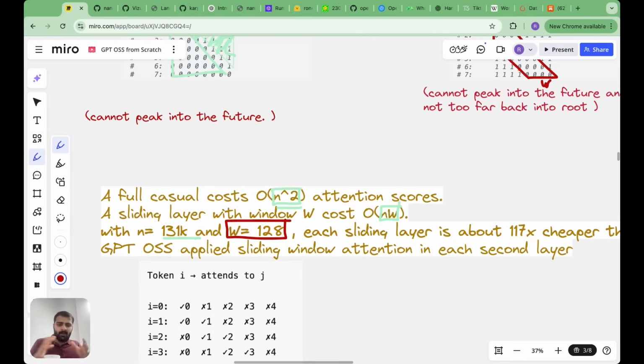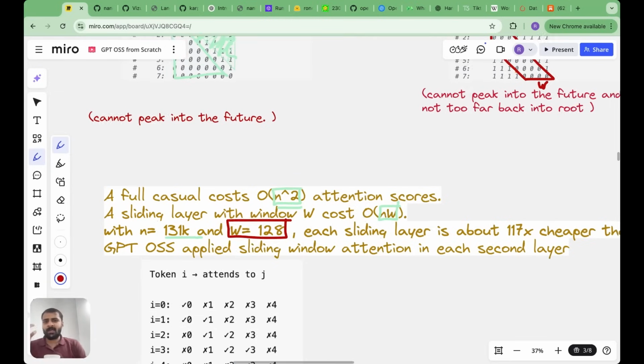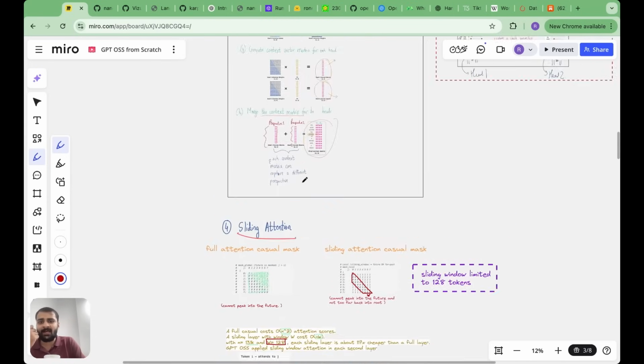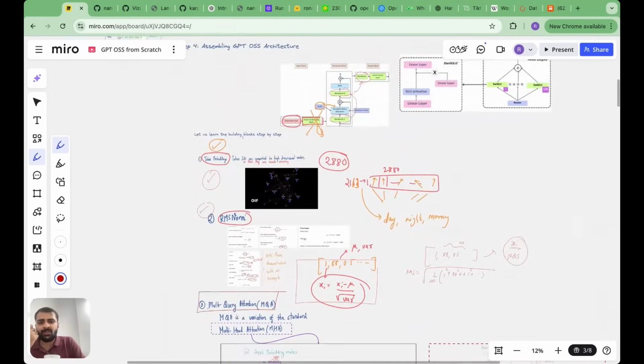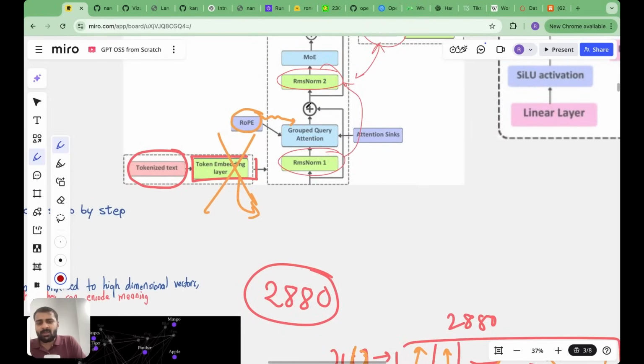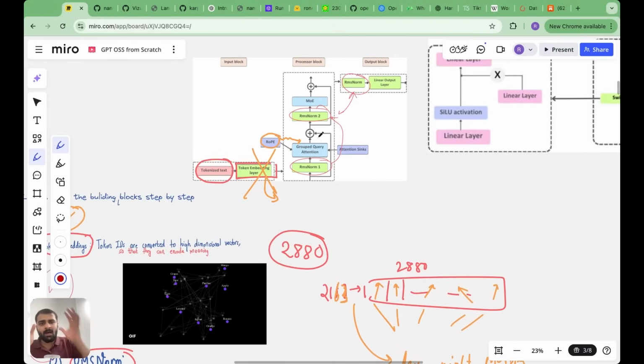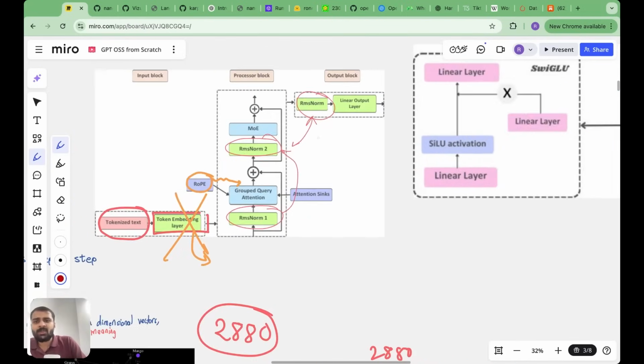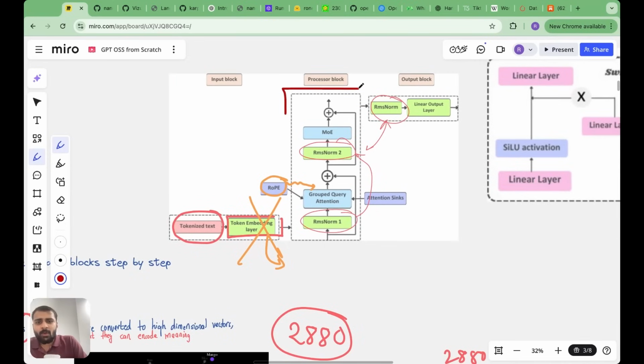However, whatever I explained to you right now is the key essence of sliding attention. So when you go to the GPT architecture, you might be asking, do all the transformer blocks have the sliding attention? Now pay very close attention here. This processor block which I have shown here is a transformer block.